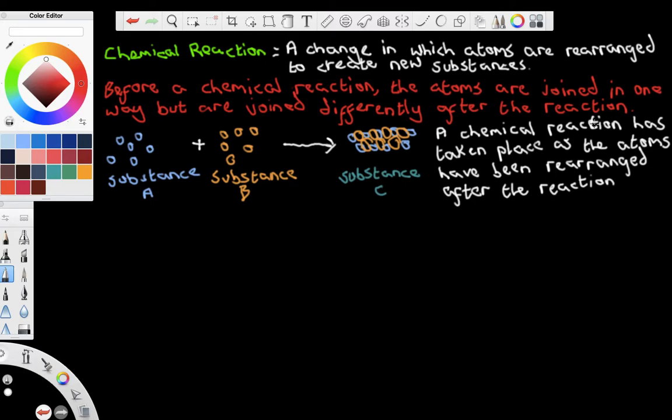Now, both elements and compounds can take part in chemical reactions.